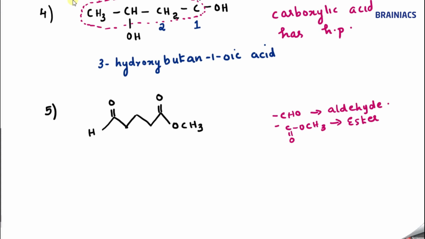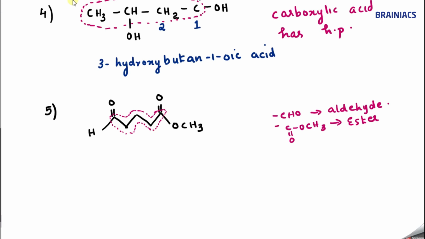Now for the aldehyde group, we will check whether this CHO is part of the parent carbon chain or not. My parent carbon chain is this one, and this carbon becomes part of the parent carbon chain. If CHO becomes part of the parent carbon chain, in that case no prefix is there; we consider this as the carbonyl group and we use the prefix oxo.